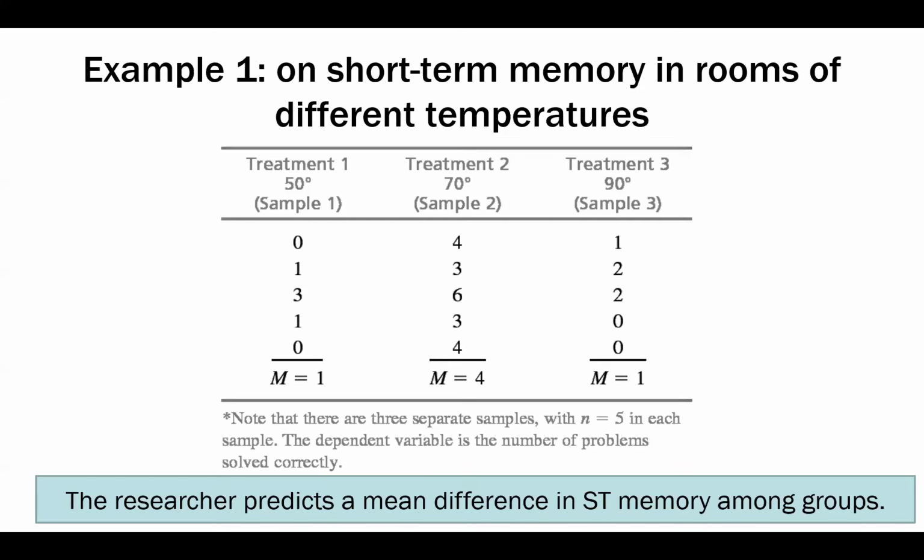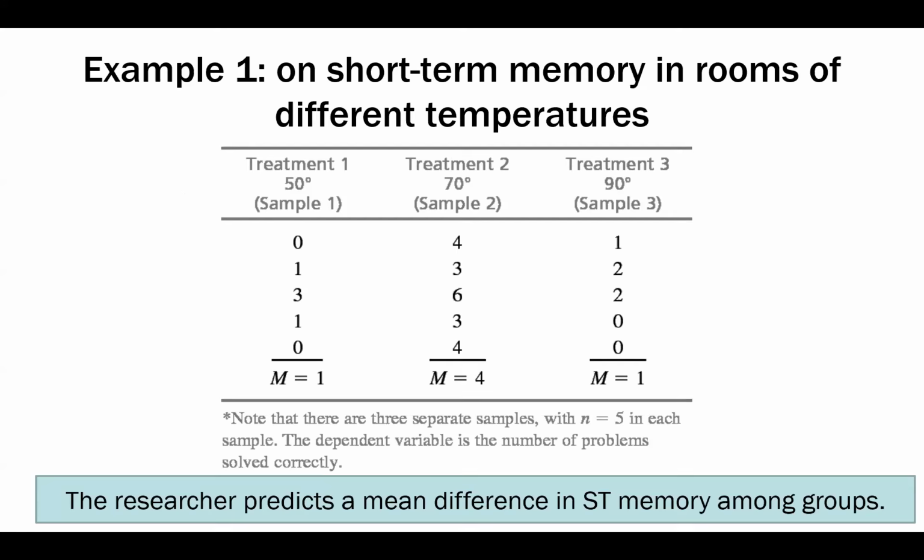So we're going to have an example now and go through all the steps for the null hypothesis significance testing and the effect size. We're looking at the effect on short-term memory of different temperatures for learning. And we have three groups.